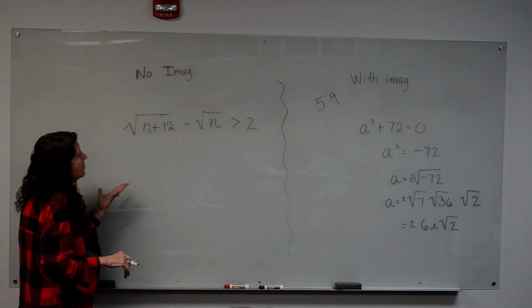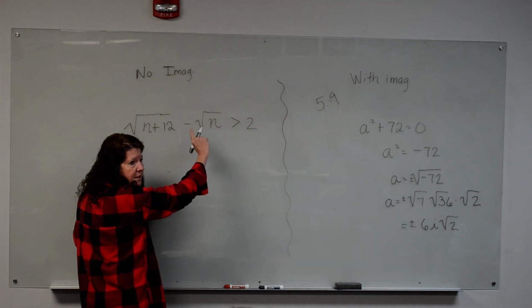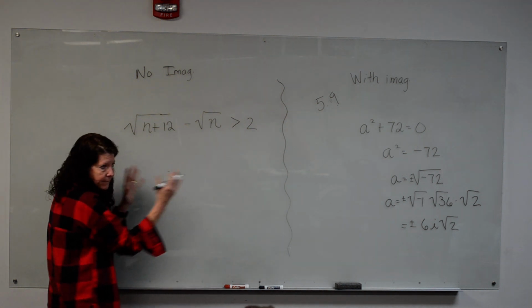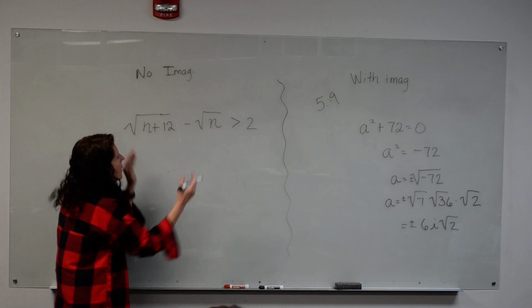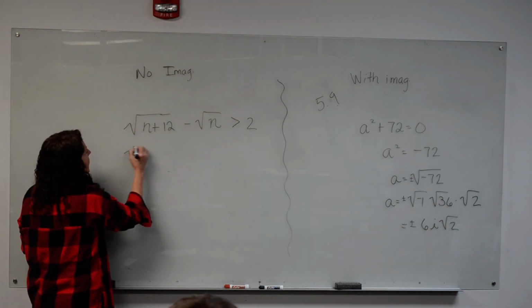Now, I probably would go ahead and add the square root of n to that side, so I don't have to deal with the FOIL on it as big. Otherwise, you've got to do FOIL on that, and that's going to be difficult. So I'm going to rewrite it like this.